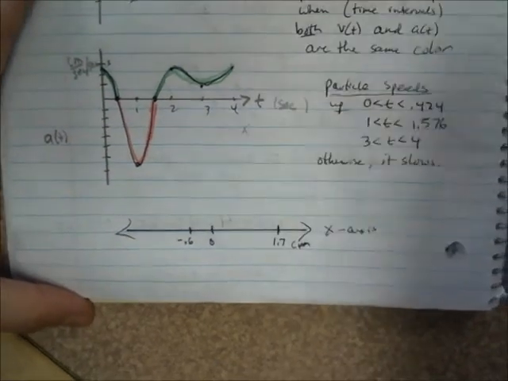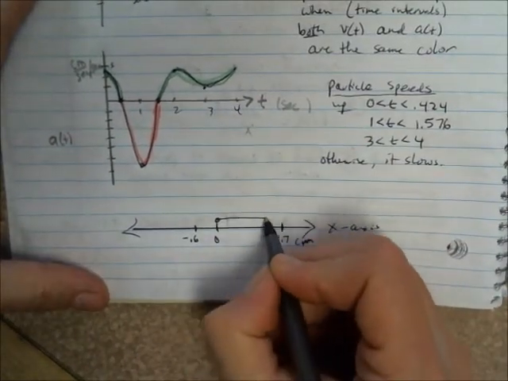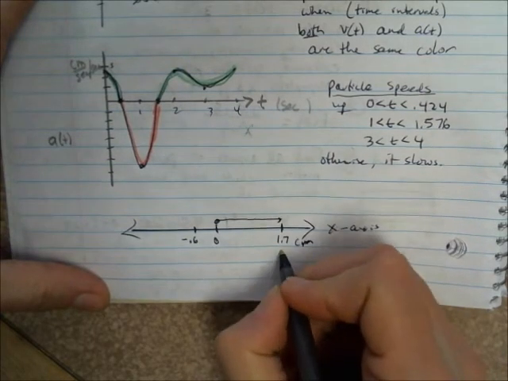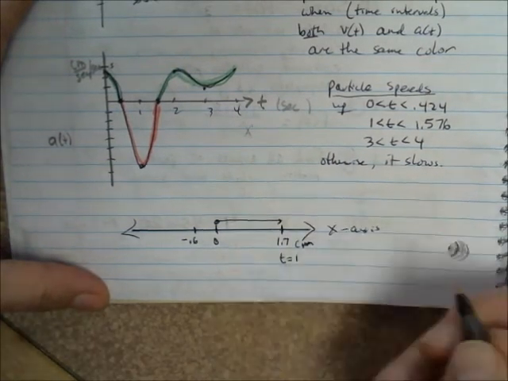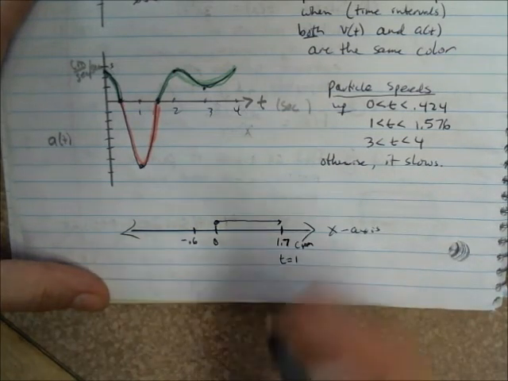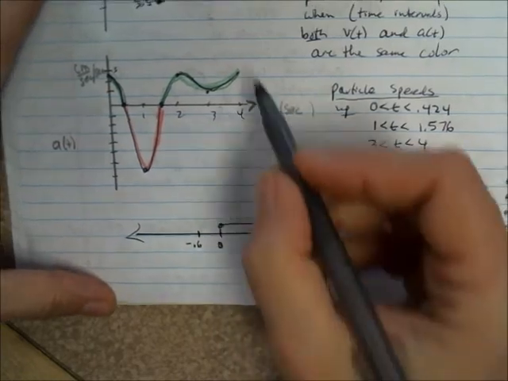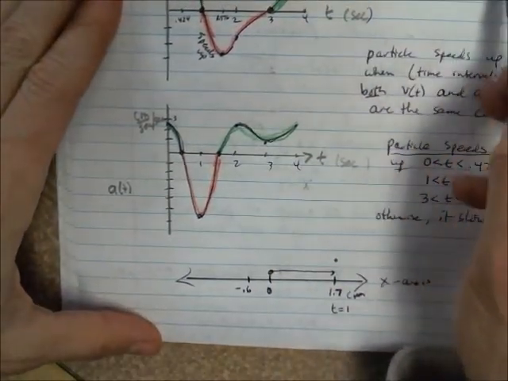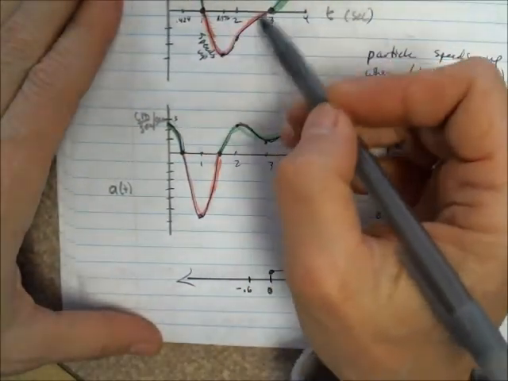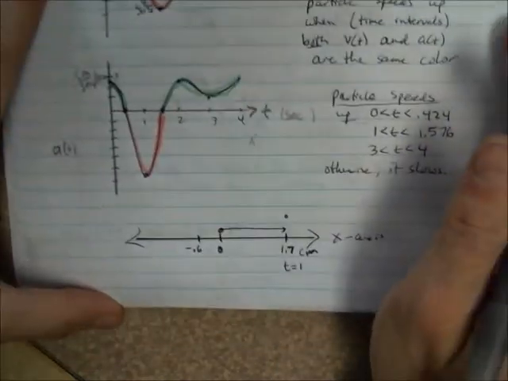So how does this particle go? It starts here at 0, 0. It moves to the right until time is equal to 1 second, and it's 1.7 centimeters from the origin. Then it turns around and starts moving to the left. The particle moves to the left during the red period of time, so that's time equals 1 second all the way up to 3 seconds.